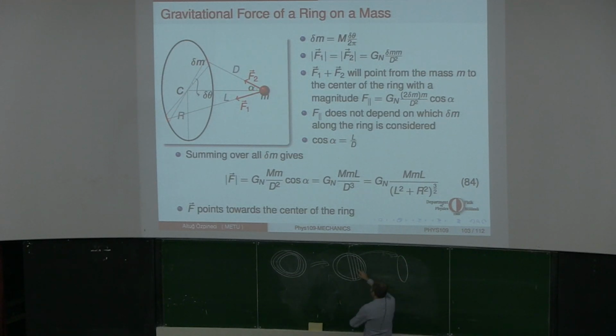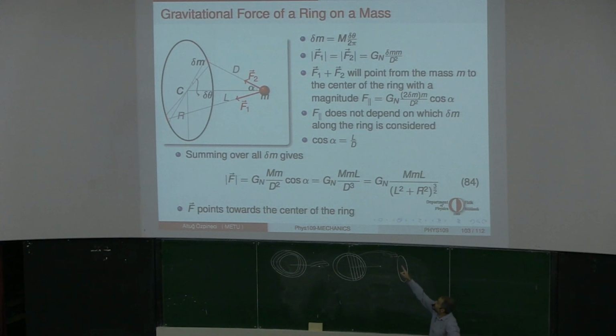Now, when I'm cutting these shells, if I put my mass here, this is the line connecting my point mass to the center of the sun. I will just imagine I'm cutting these slices such that they are perpendicular to this line.